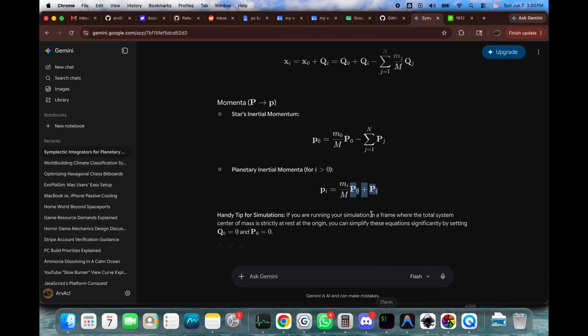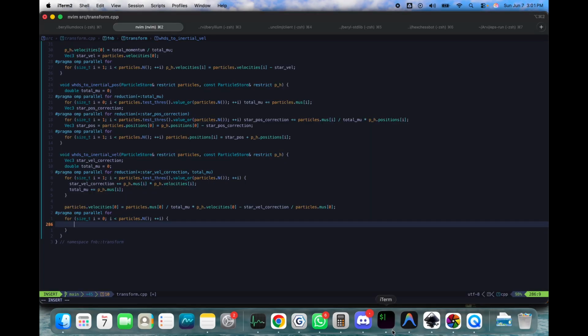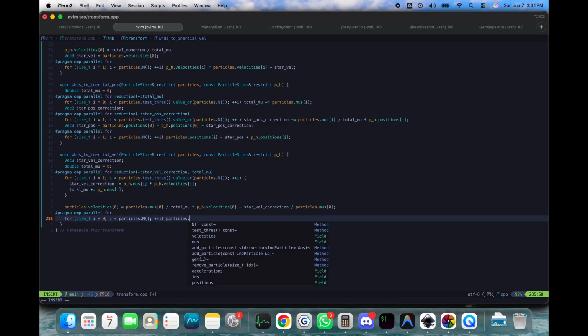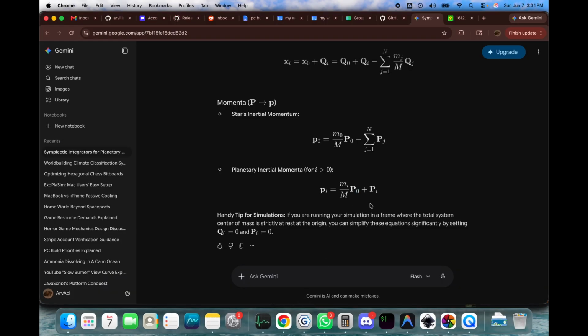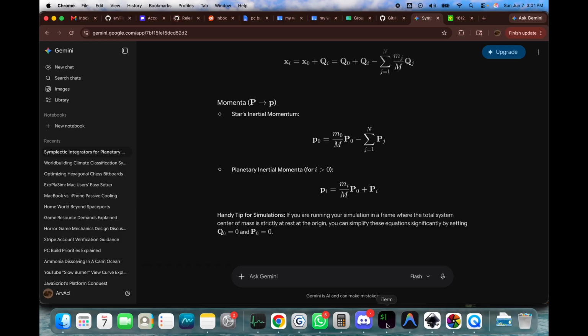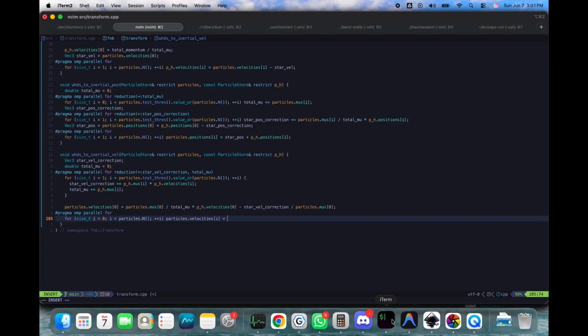Mi, that would be p0, value we already have, so mi over m times particles.velocities index i should equal, so we have m0, we have mi, so m0 over m times p0.